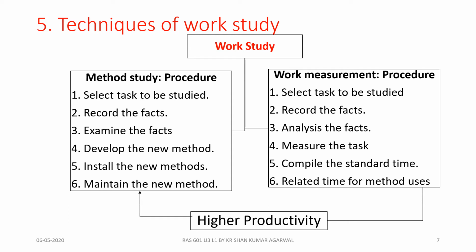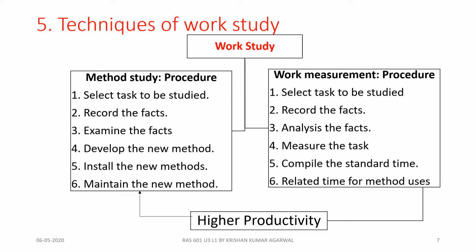When we divide work study into smaller elements, work study is the study of the methods by which workers are working in the organization, and how much time is taken by the worker to complete an operation. That time can be worked out, and by these two ways one can improve the productivity of the organization.